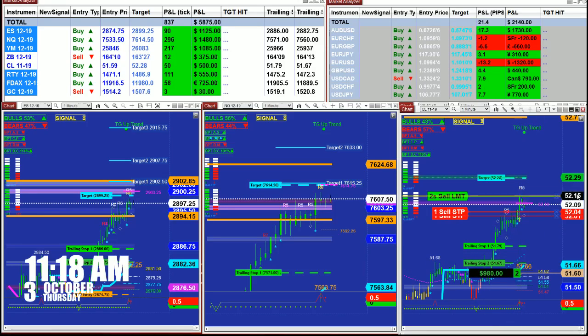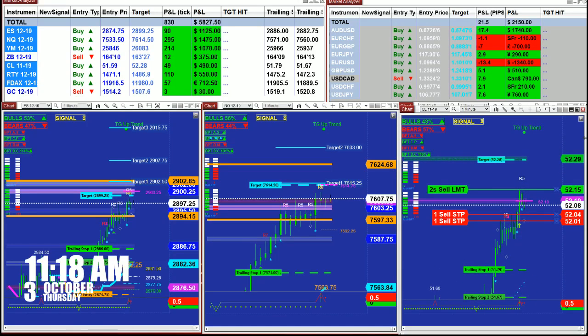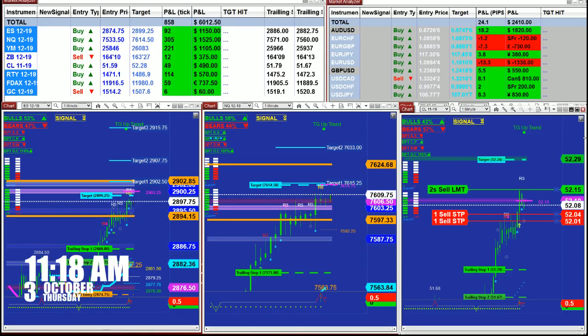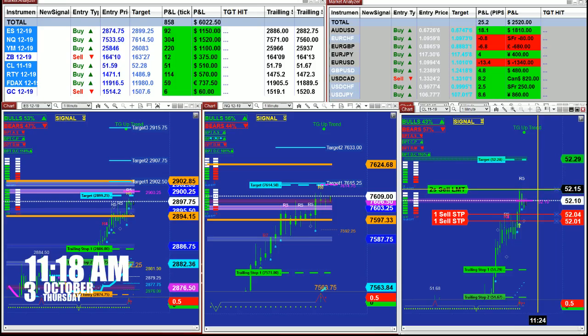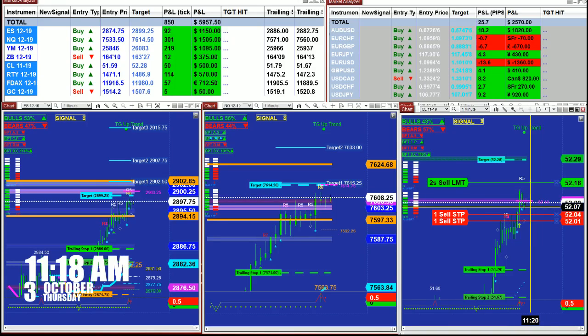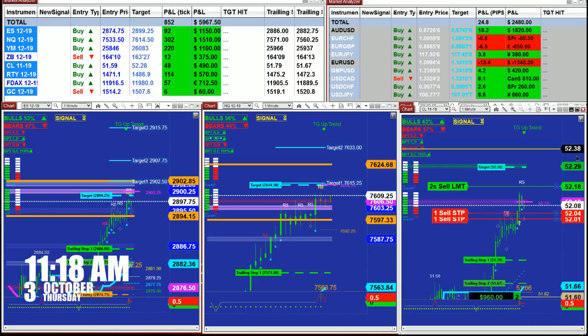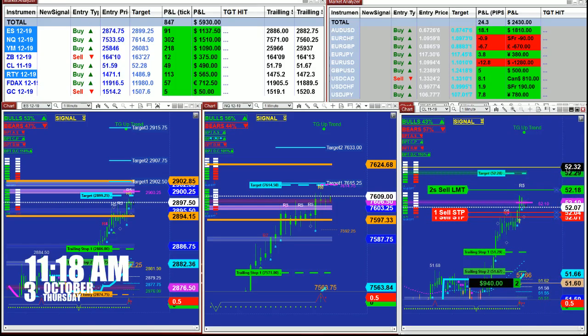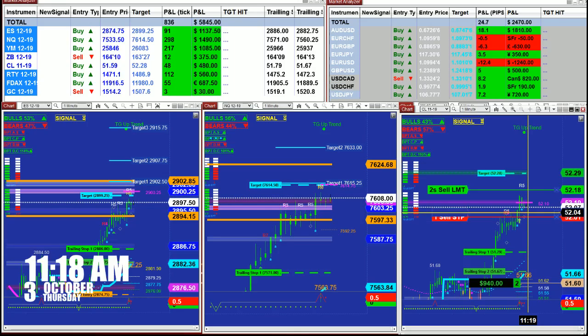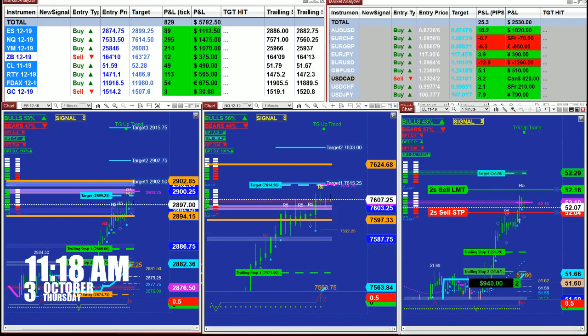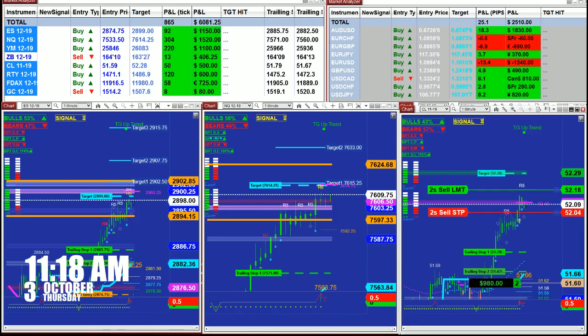Getting a little bit tight, either or either. So there we go. We are about to close any second now, either direction.